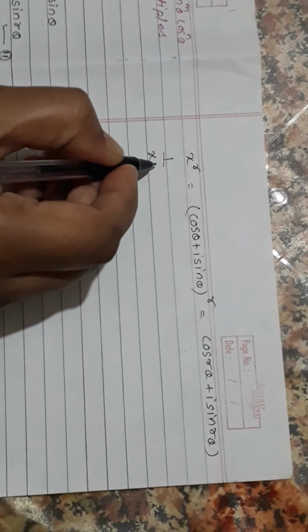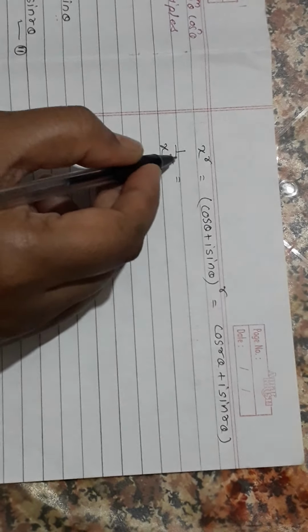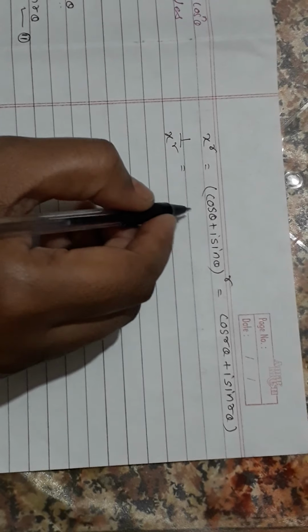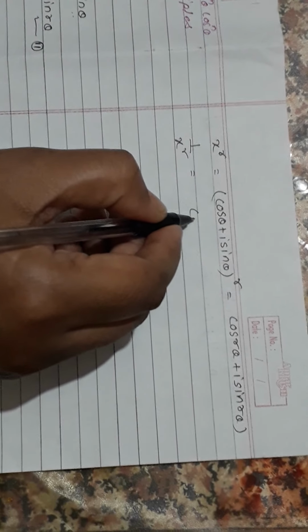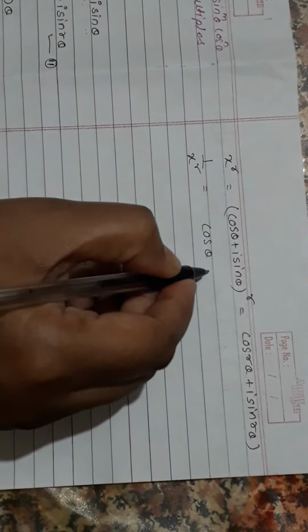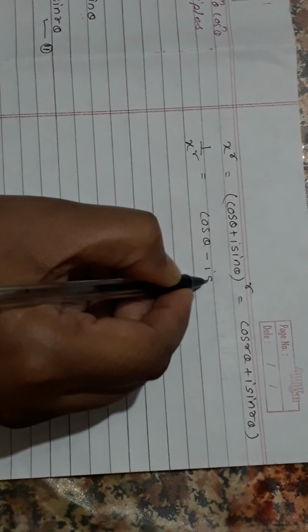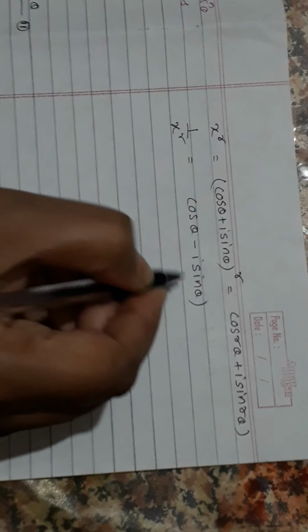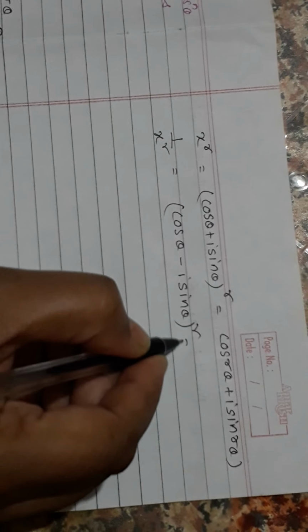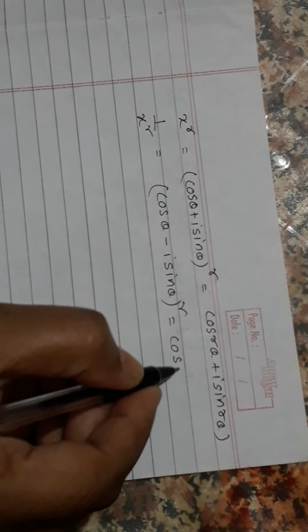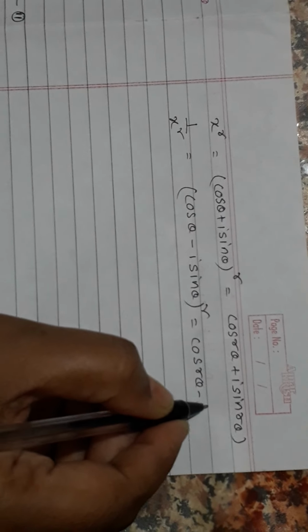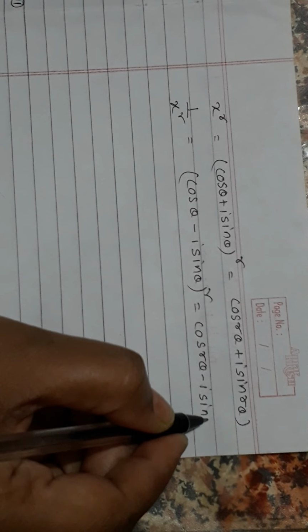Similarly, 1 by x raised to the power r. As we know the value of 1 by x is nothing but cos theta minus i sin theta, having the power r. So it can be written as cos of r theta minus i into sin of r theta.